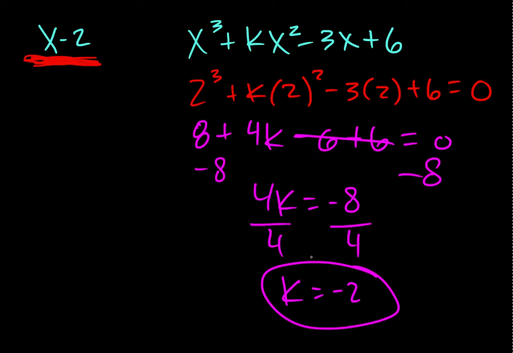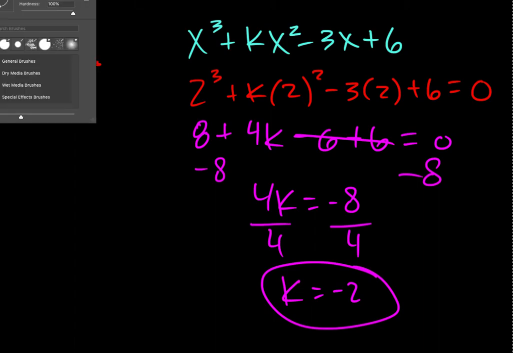And then it wants us to fully factorize. So what I'm going to do is show you how to do synthetic division. Now that we know what this is, I'm going to erase this.